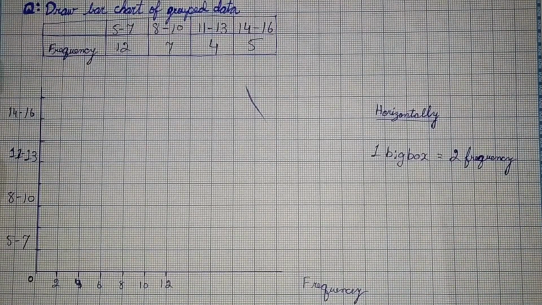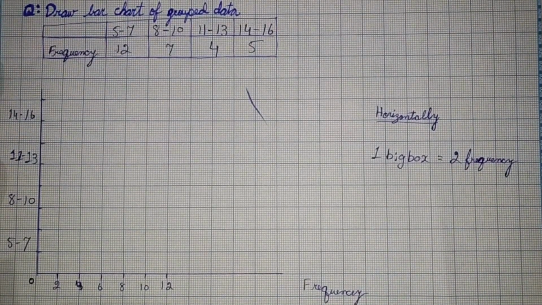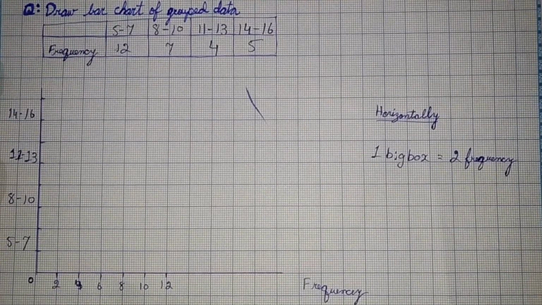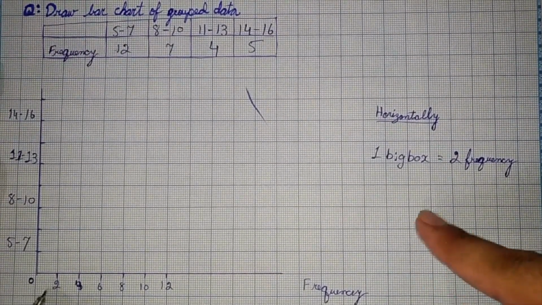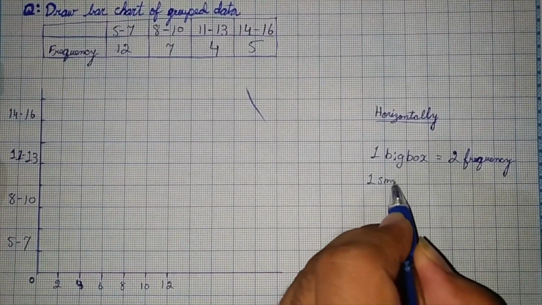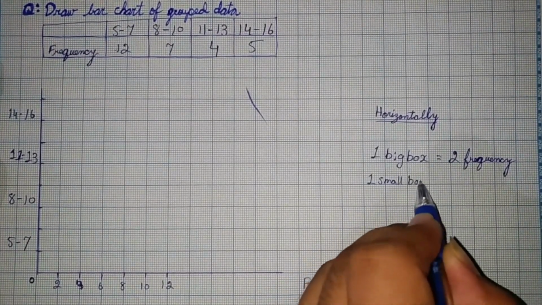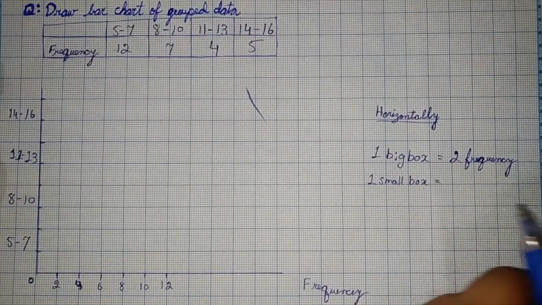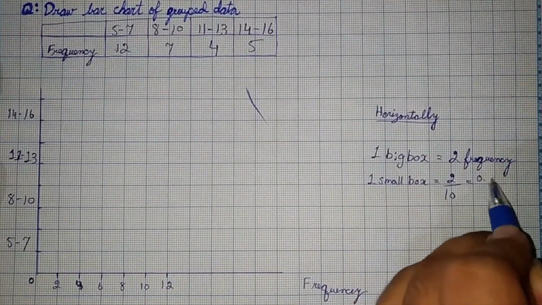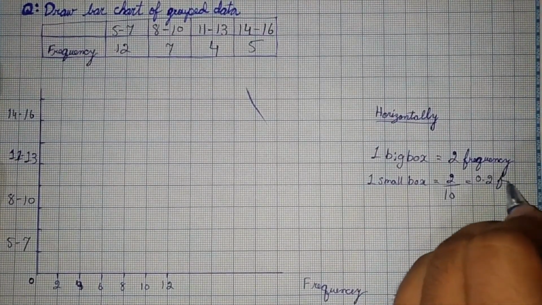Clear? One big box will give us a frequency of 2. You can see. Similarly, if I talk about a small box, I will divide this 2 by 10, so it will be 0.2 frequency.